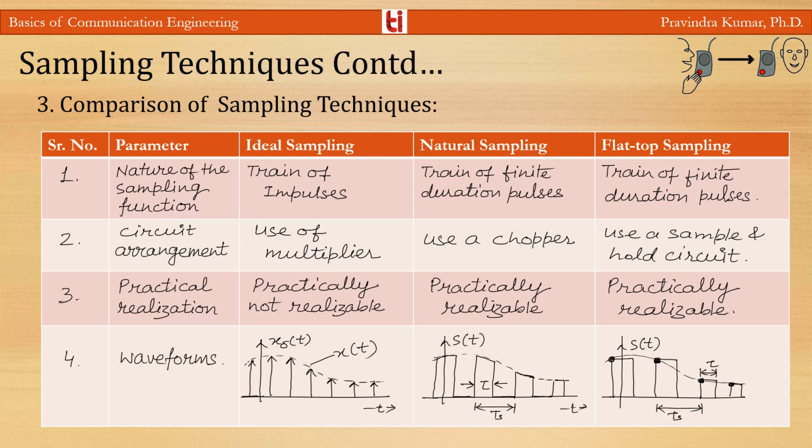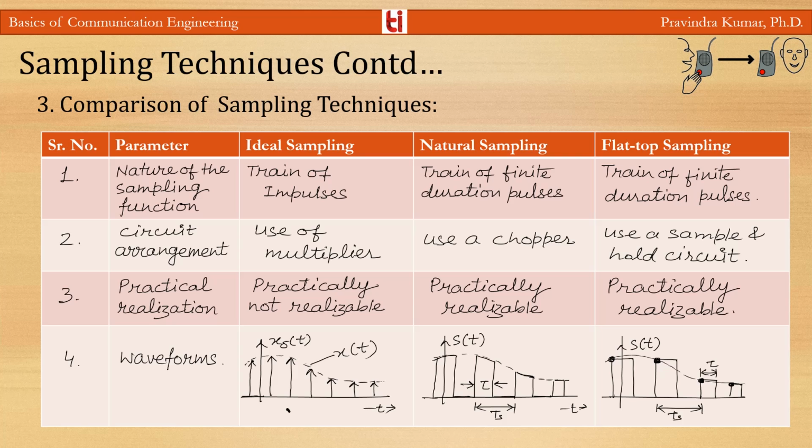For practical realization, ideal sampling is not practically realizable, while natural sampling and flat top sampling are practically realizable.